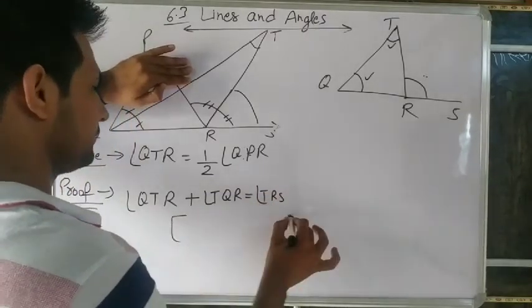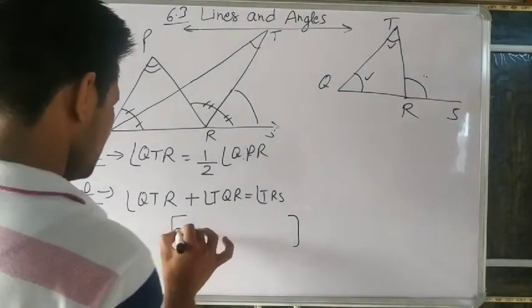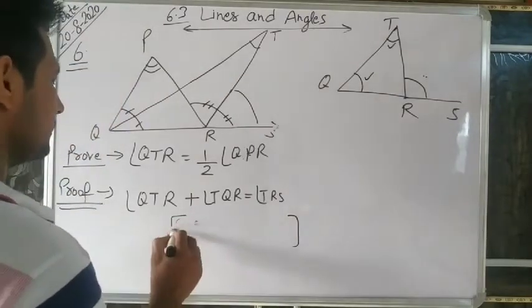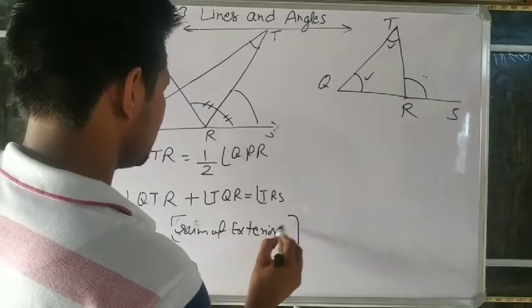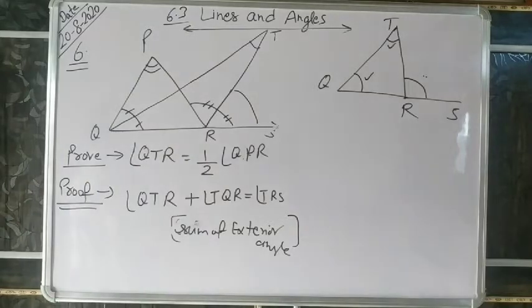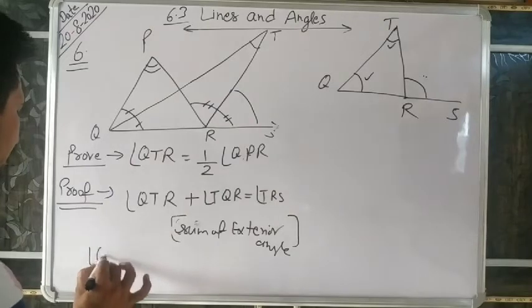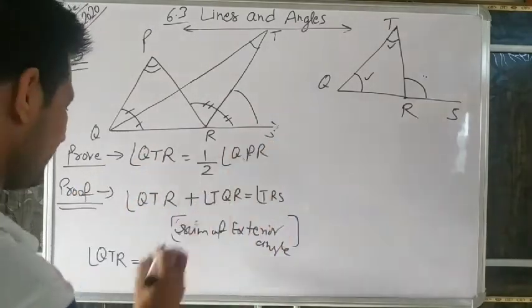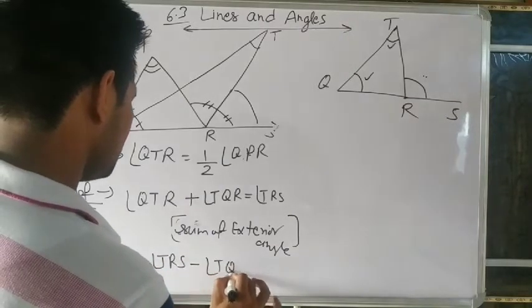The reason I am writing here: the exterior angle is equal to the sum of the two interior opposite angles. We want to find angle QTR, so the value of QTR is angle TRS minus angle TQR.